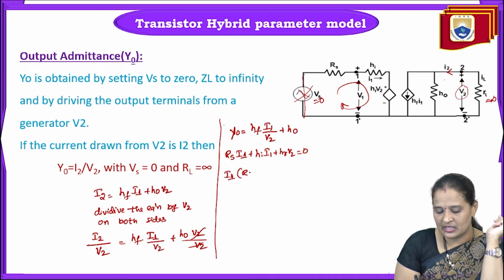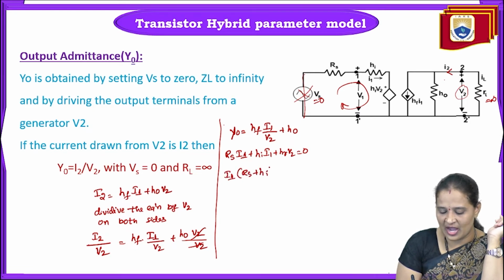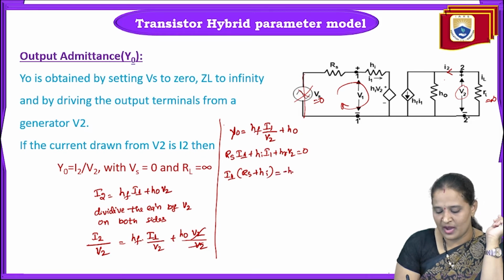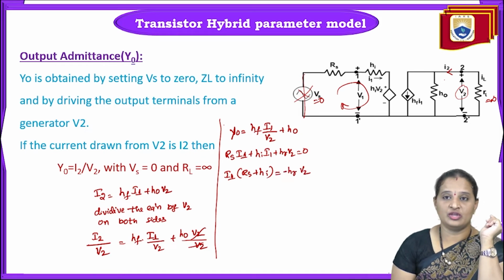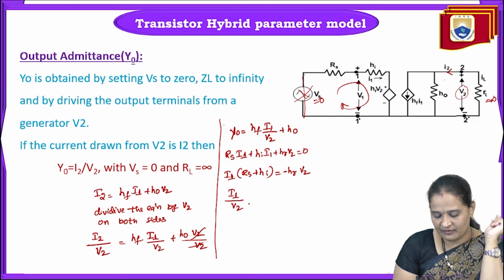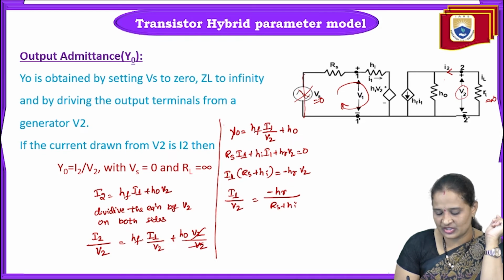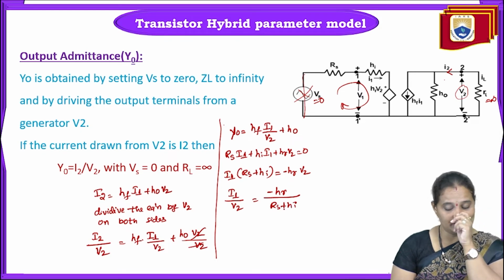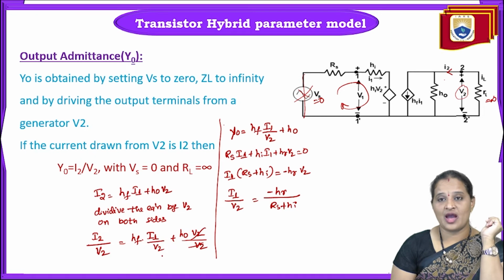So I1 times Rs plus Hi equals minus HR into V2. Now I want to find the value of I1 by V2, so send Rs plus Hi to this side and V2 to this side. It becomes minus HR by Rs plus Hi. So we found the value of I1 by V2.